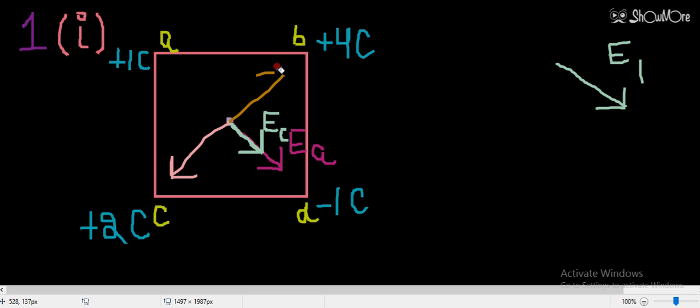Now these two are in opposite direction, but they don't have the same magnitude. The magnitude of EB is greater than the magnitude of, okay बच्चे, make a correction here, this is ED.